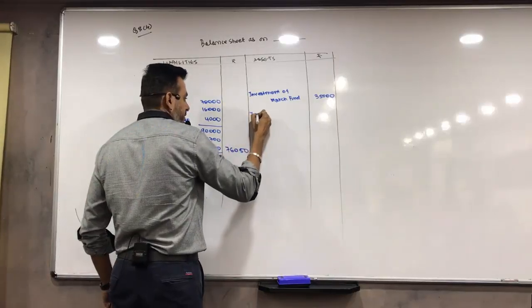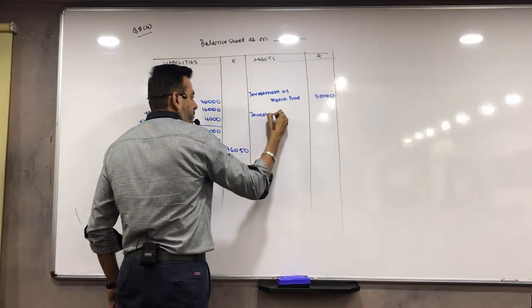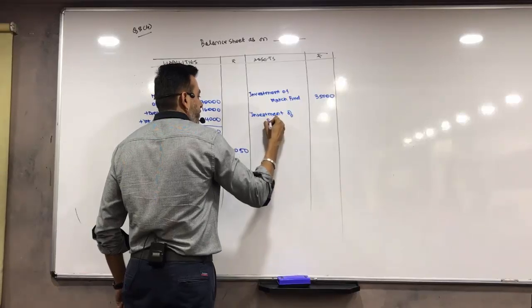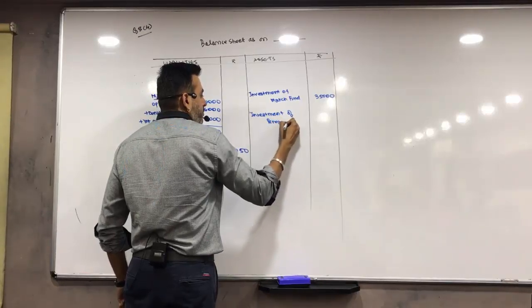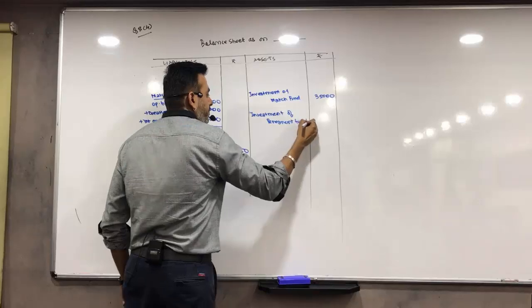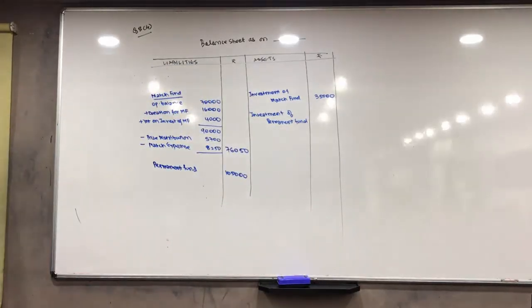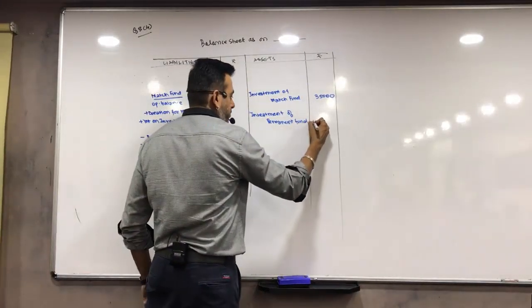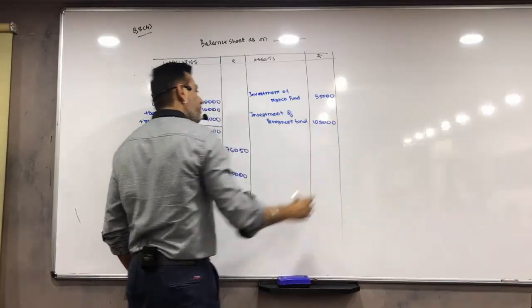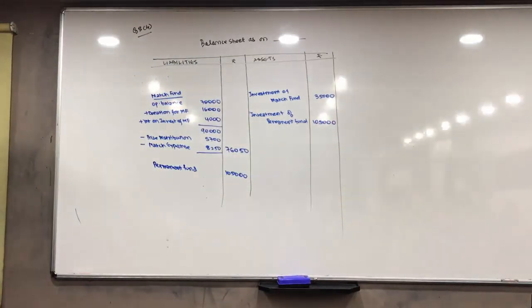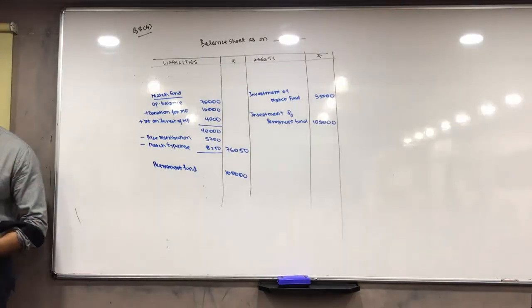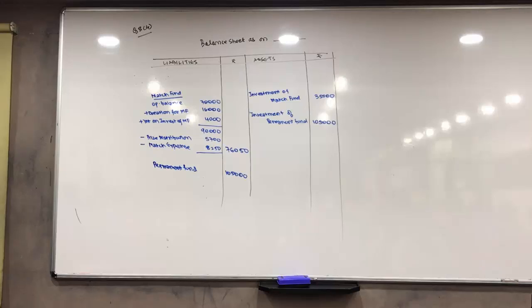And investment of permanent fund. Investment is also 1,05,000. Or a 2 mark or 3 mark sum can come. Very easy. That's it. Any doubt in this?